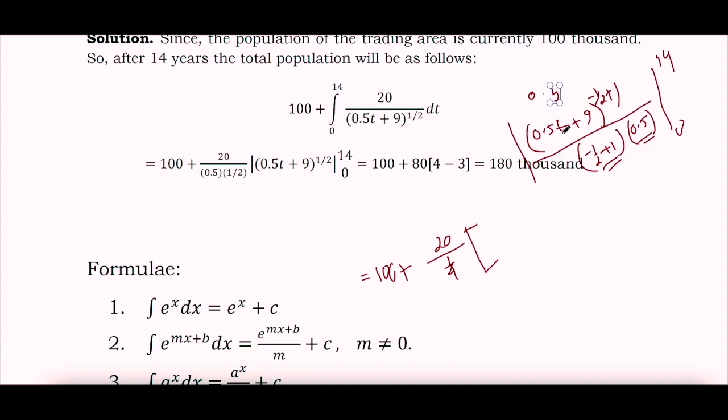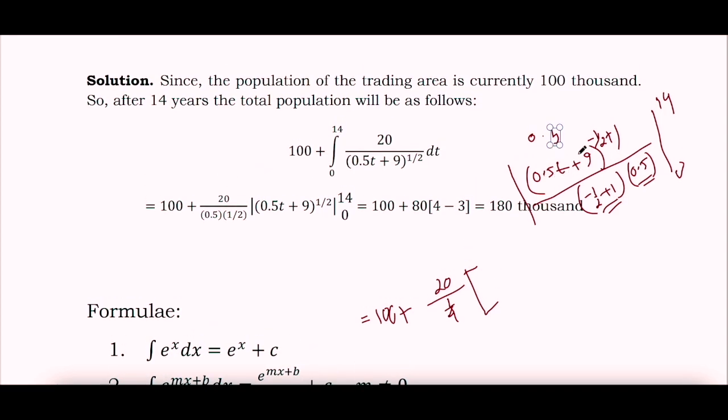And now if you put 14, the upper limit, for t, what will be here? 0.5 into 14 is how much? 7, right? And add 9 to this, 7 plus 9 will be what? 16. So here we can write 16 to the power minus half plus 1, which is half, minus, the formula's minus. Now put the lower limit. What will it be? 9 to the power half.